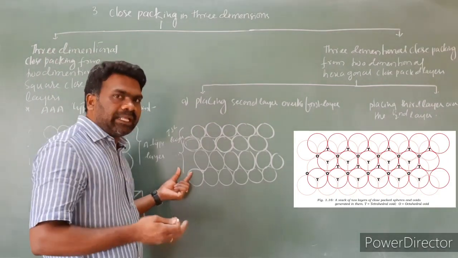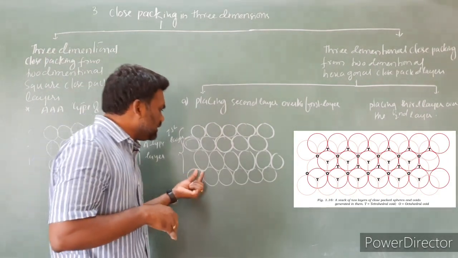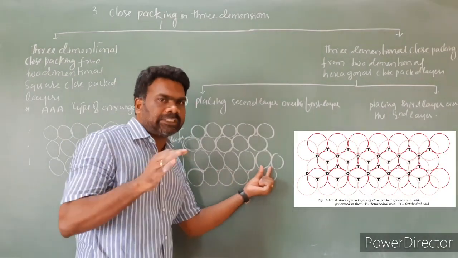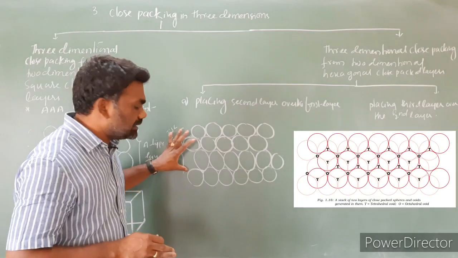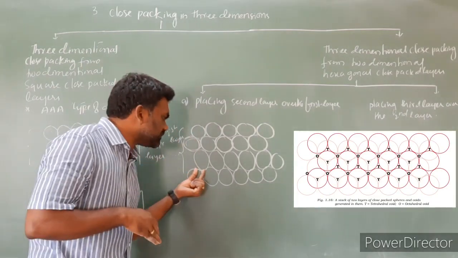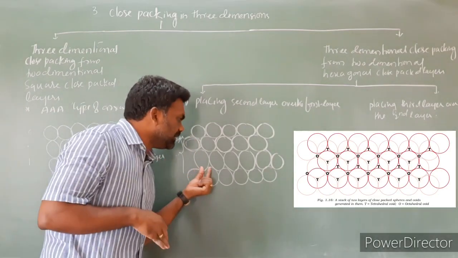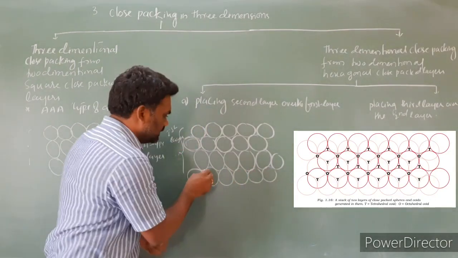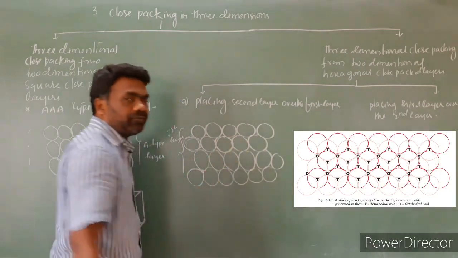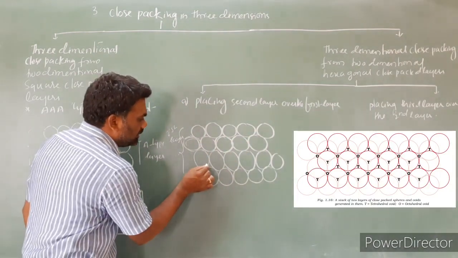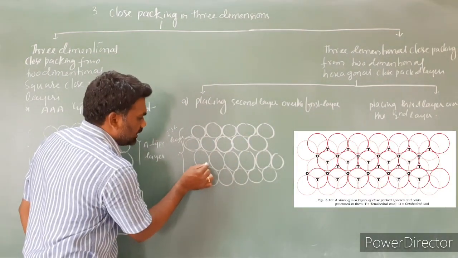So we have to place the second layer over the depressions of the first layer. What is my point is, this is the first layer we took, and the second layer we have to place above the depressions of the first layer. So this is a depression of the first layer, this is a depression of the first layer, this is a depression of the first layer. So the second layer is placed over the depressions of the first layer. I am writing here, look at here.